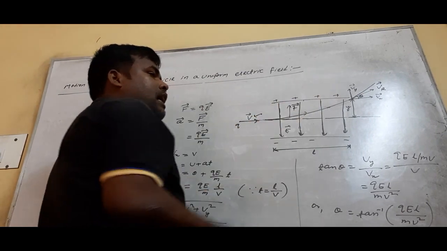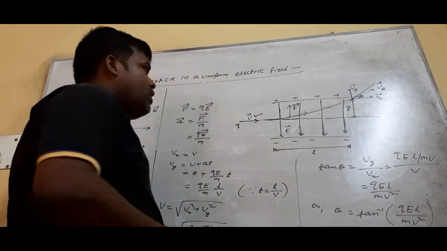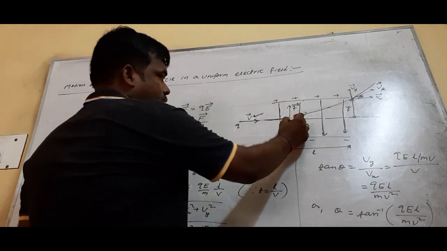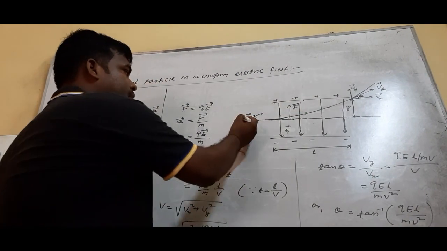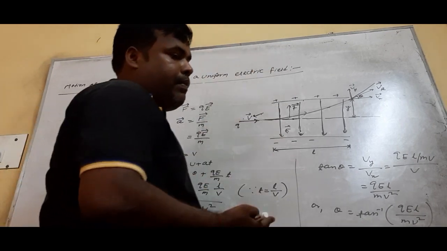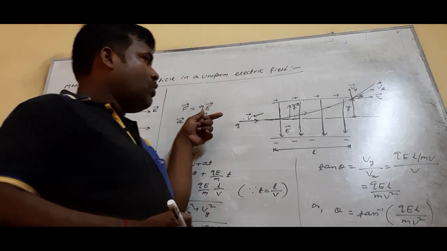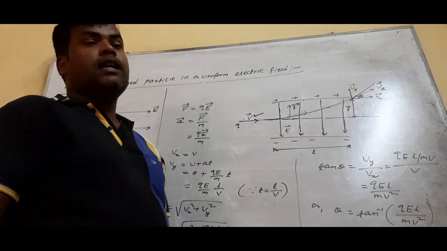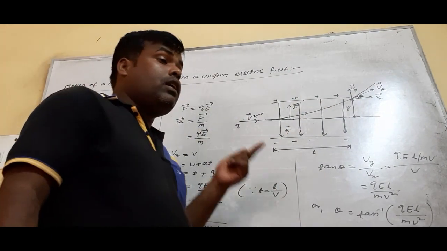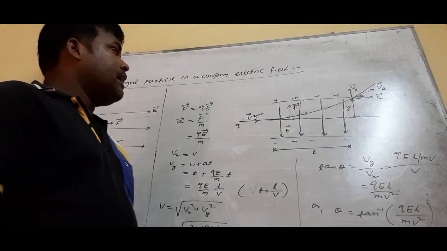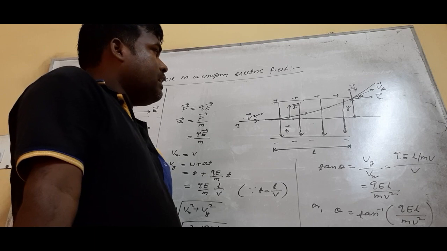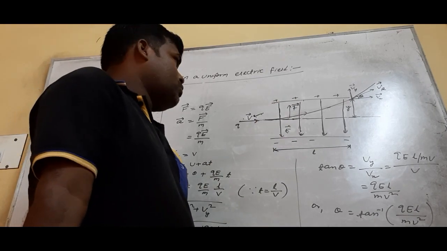As there is no force, according to Newton's law, the velocity remains constant. So in this region of the electric field, the charged particle has two types of velocity. One is the horizontal velocity, which is uniform because no electric force acts in the horizontal direction, and another is the vertical velocity, that is due to this electric force.